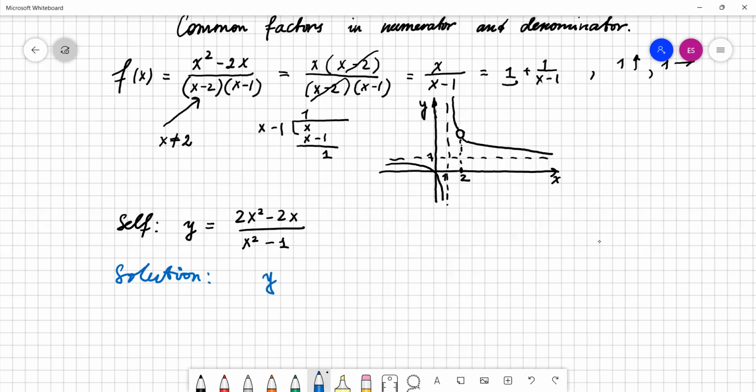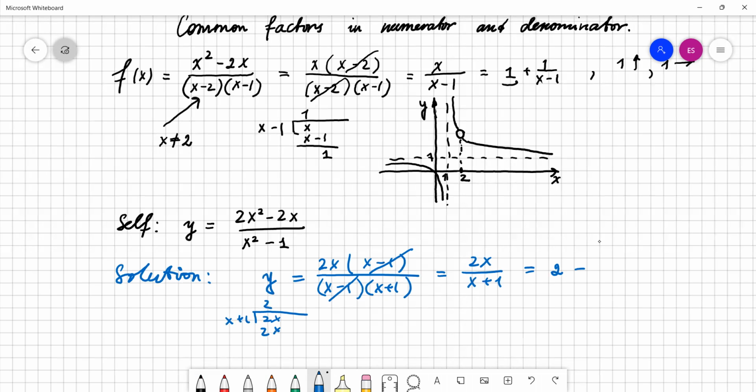Well, I'm going to start with factoring numerator and denominator. In the numerator, 2x is factored out and x minus 1 in parentheses. In the denominator, using the formula, x minus 1, x plus 1. I'm going to cancel x minus 1 and have 2x over x plus 1, which can be represented as 2 by doing division: 2x plus 2, minus 2, so 2 minus 2 over x plus 1.